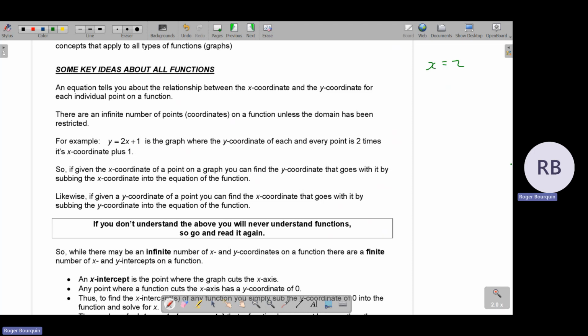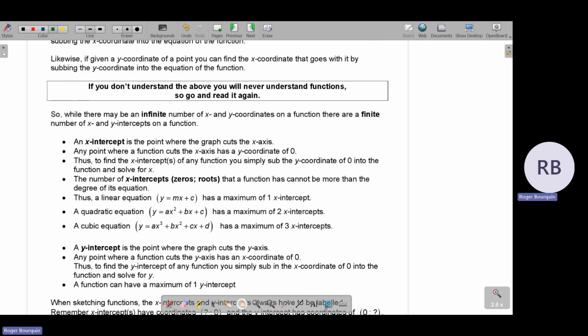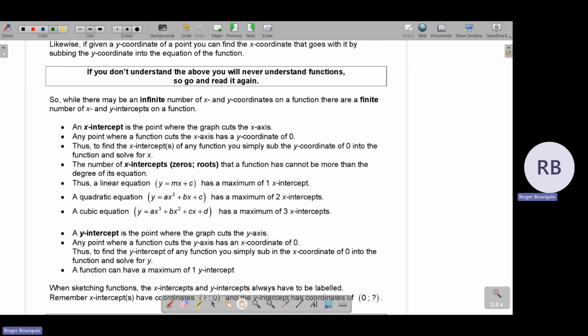So there's a big thing on graph interpretation, and all graph interpretation is these 2 points over here. Likewise, if given the y coordinate of a point, you can find the x coordinate that goes with it by subbing the y coordinate into the equation of the function.